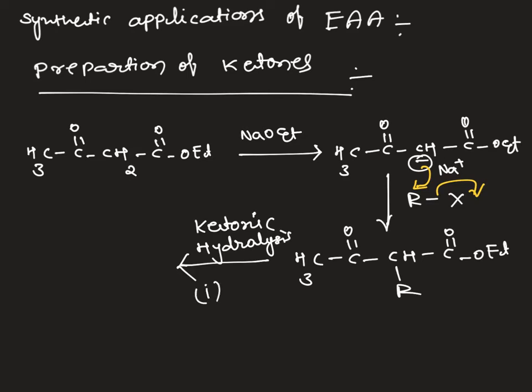What is the condition for the ketonic hydrolysis? We have to use a dilute base, KOH. After completion of hydrolysis, we have to add H plus and heat for some time. There the decarboxylation reaction will take place. Whenever we add a base, hydrolysis of the ester takes place and we get a carboxylic acid.